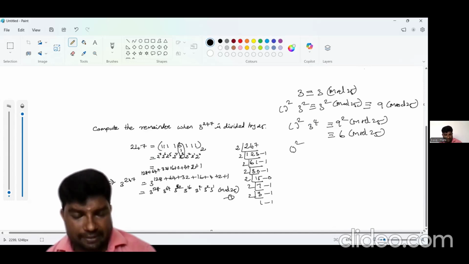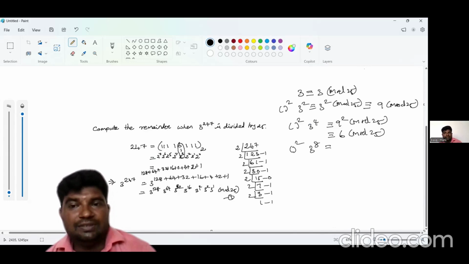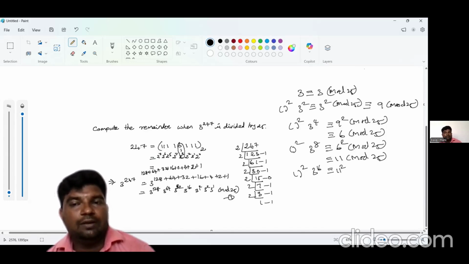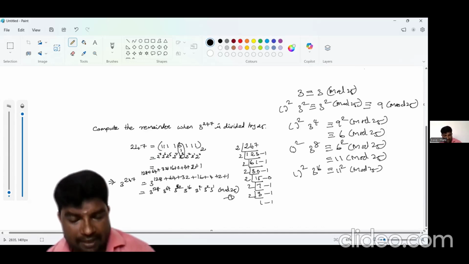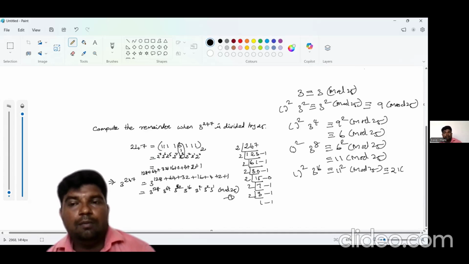Again, increase the power: 3 power 8 is congruent to 6 squared, which is 36. Dividing 36 by 25 gives the remainder 11 modulo 25. Now 3 power 16 is congruent to 11 squared, which is 121. Dividing 121 by 25 gives the remainder 21 modulo 25.